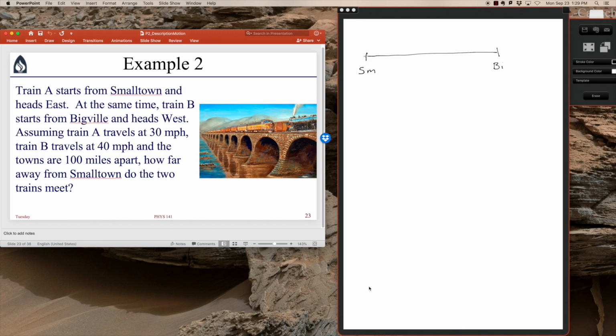This will be convenient because the problem asks how far away from Smalltown do the two trains meet. So if I choose Smalltown as my origin, then the x coordinate will give me the distance from Smalltown. So I'll choose this as my origin, which means this is where x is equal to 0. And since Bigville is 100 miles away, this is where x is equal to 100.